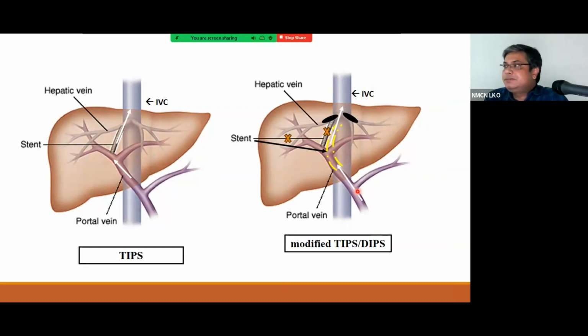But in cases of DIPS, usually hepatic veins are occluded, so we have to create the shunt pathway directly from IVC through liver parenchyma to portal vein. So this is a modified TIPS, or direct intrahepatic portocaval shunt, or systemic shunt.